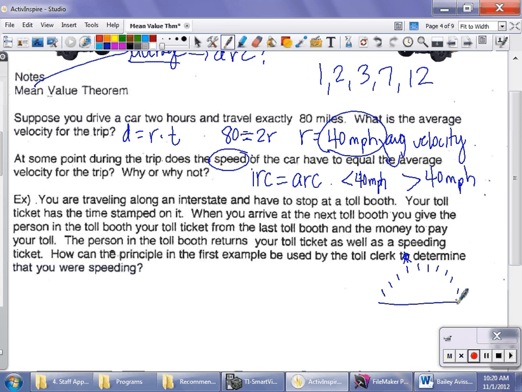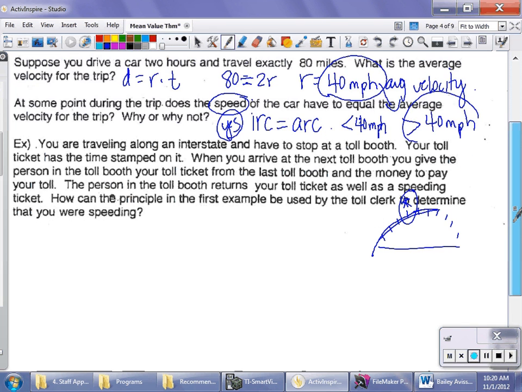We said we had to travel greater than 40 miles per hour, so the speedometer had to go higher than 40, and obviously when we stopped we had to go less than 40. So at some point during the trip, the car actually had to travel at an instant 40 miles per hour. So at some point does the instant rate of change have to equal the average rate of change? Yeah, kind of common sense there.